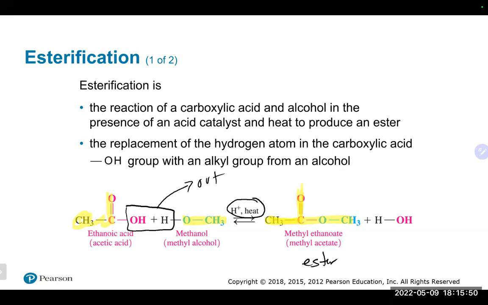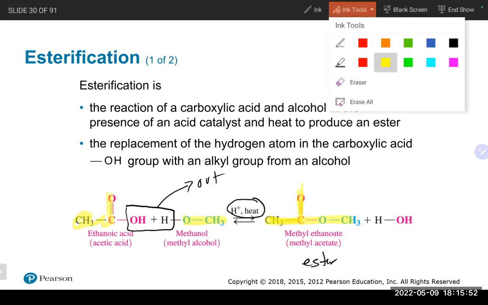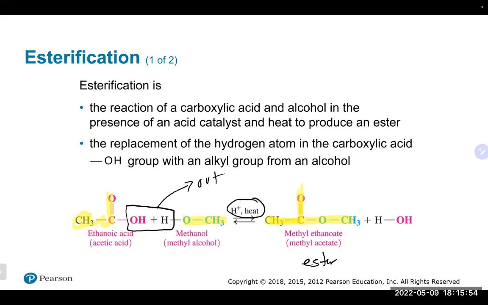How we name it is, as you might be able to determine, we use the O here as our boundary. The carbons that come from the alcohol, which would be this one right there, is only one carbon. So we name it as a group. One carbon is a methyl group.